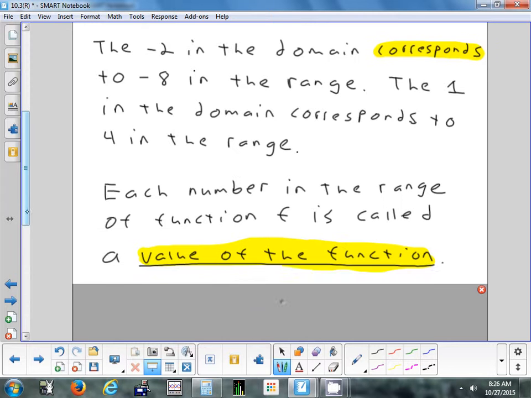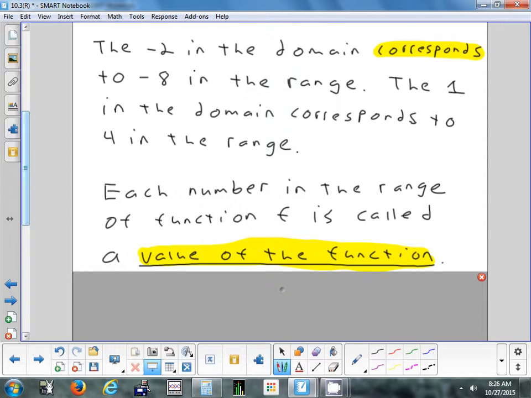So basically, each number in the range is called a value of the function. All right, so guys, you have those couple bullets on the top of the back side of the notes. Caitlin, what's the first one say? The first bullet. Yeah. So what do you think you're gonna fill in that first blank with? Oh, correspond. Yeah.